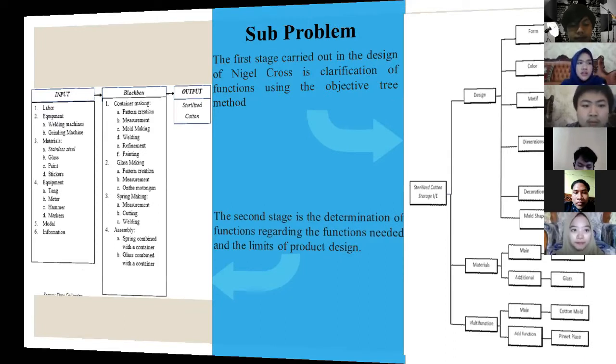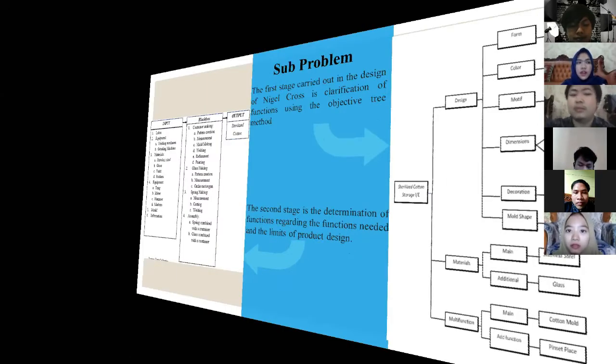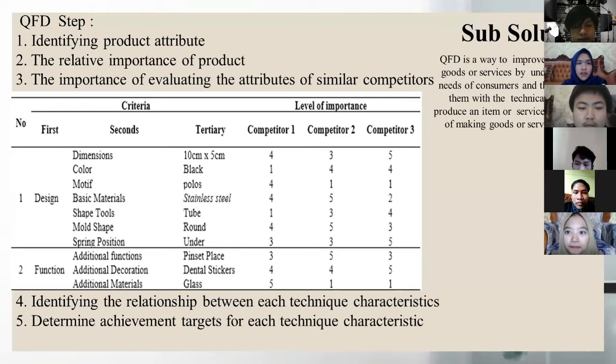The next step is to identify the sub-solution. QFD is a way to improve the quality of goods or services by understanding the needs of consumers and then connecting them with the technical provisions to produce an item or service at every stage of making the goods or services produced. As we can see on the slide, the QFD steps are: the first one is identify product attribute, and the second, the relative importance of product.